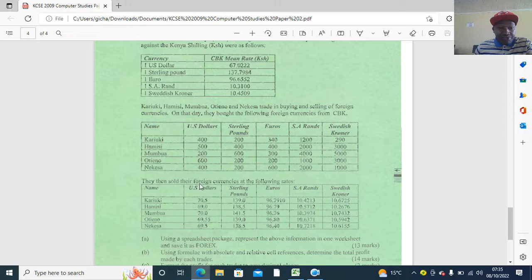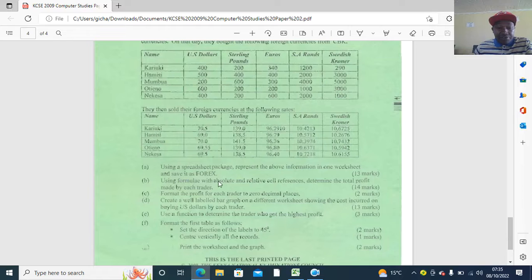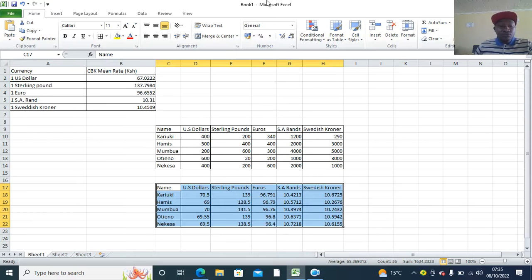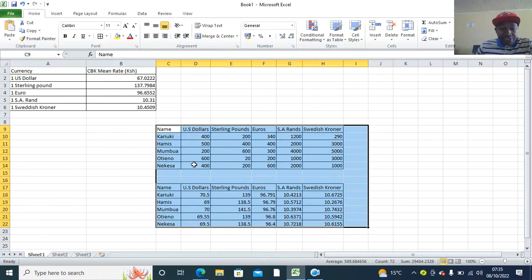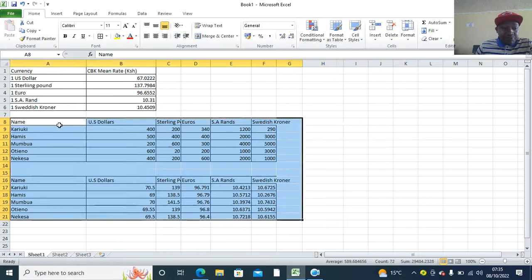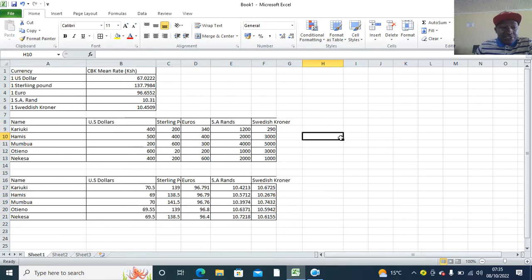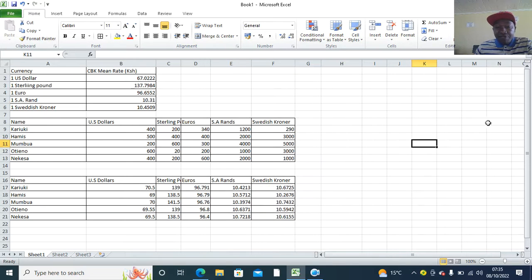The first question is to save our work as Forex. Then using absolute and relative cell addressing, determine the profit made by each trader. So what you're supposed to do here, if for example I take this to this point there, I can be in a position to do the profit calculation in this other place.